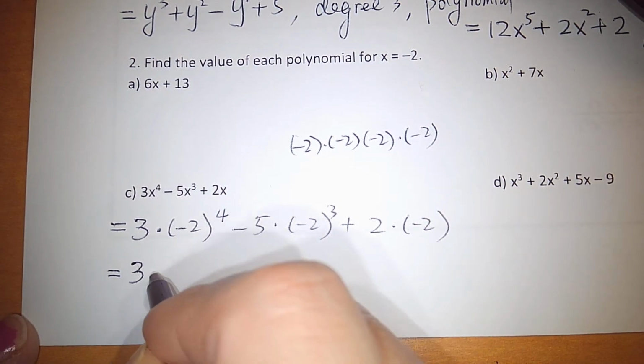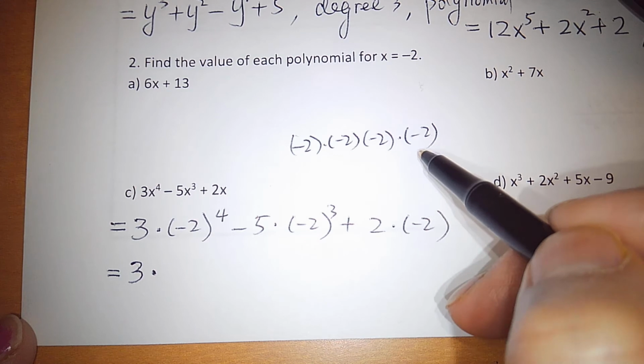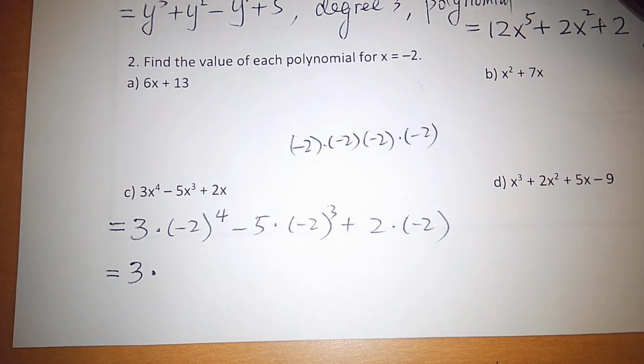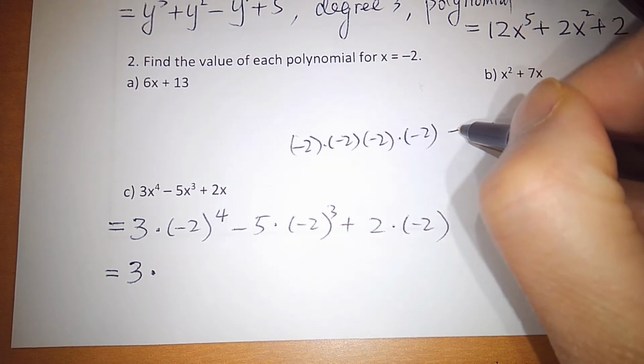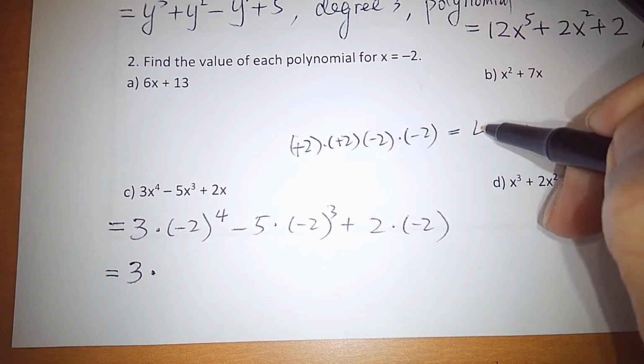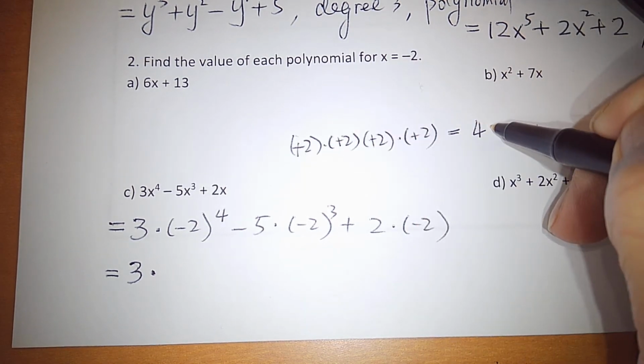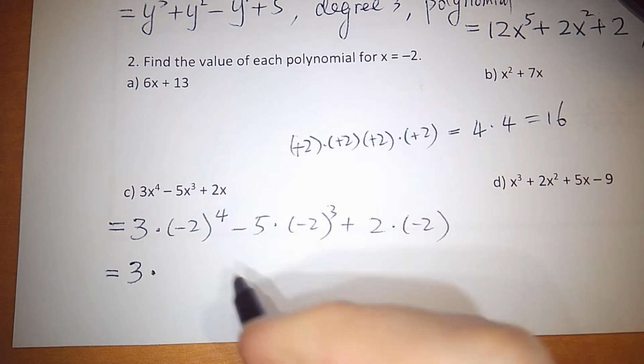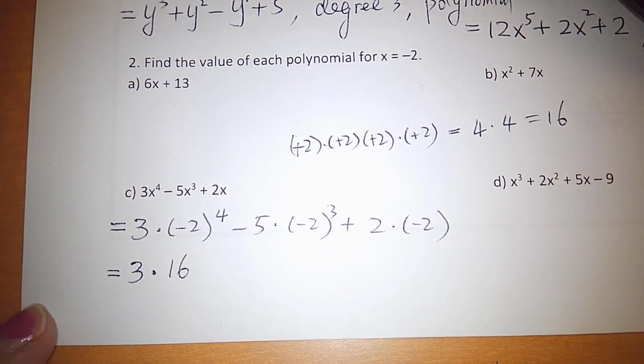So 3 times, can you please tell me what is negative 2 to the 4th power? These two terms together give us positive 4, these two terms together give us positive 4. Eventually it's what? Positive 16, right?